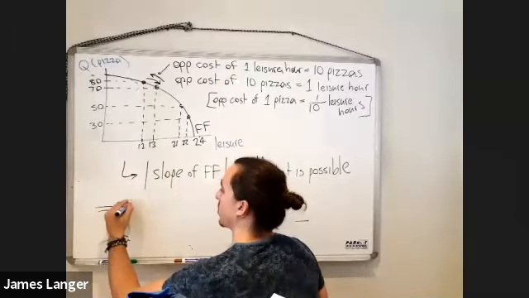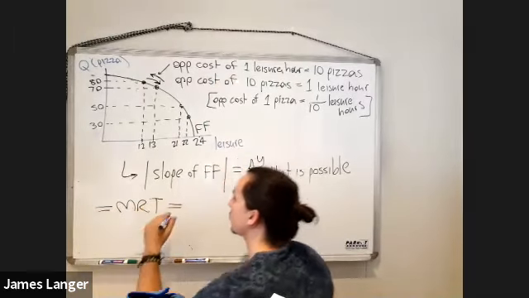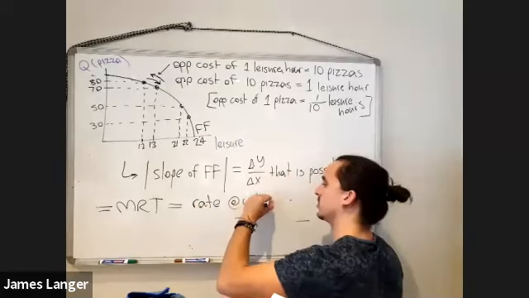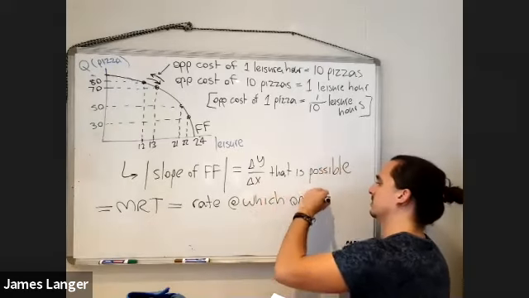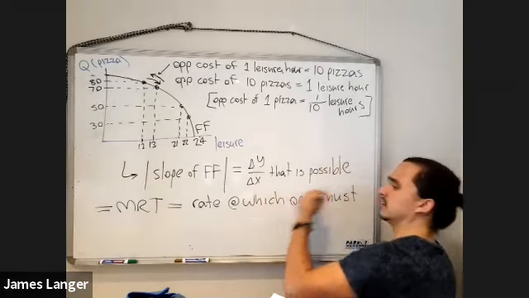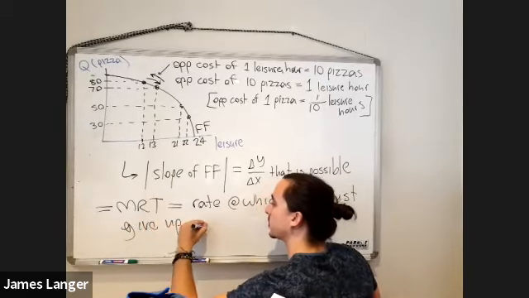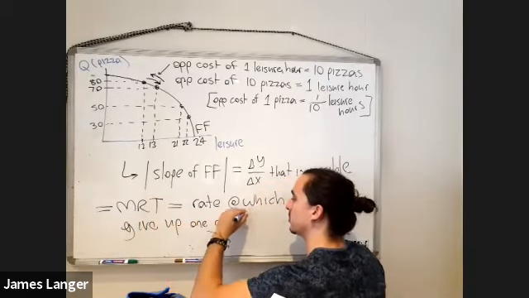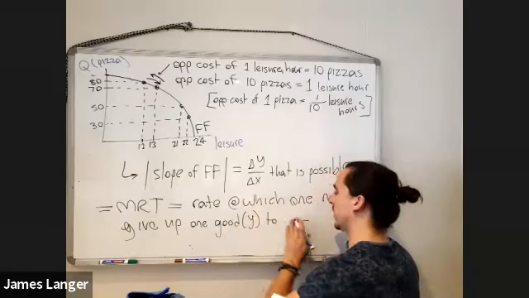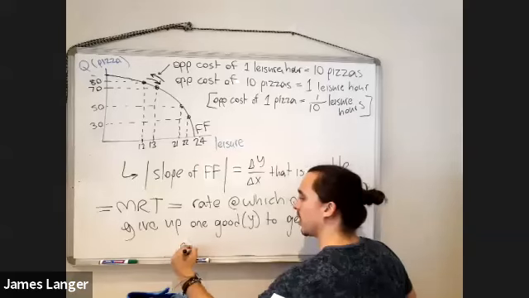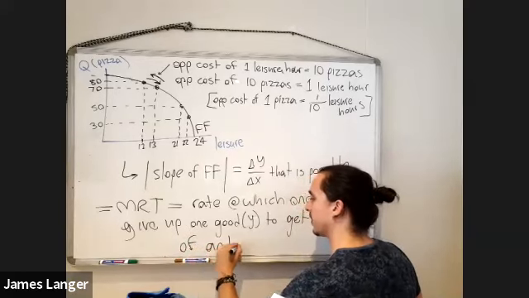It's equal to MRT, which is the rate at which one must give up one good Y to get more of another.